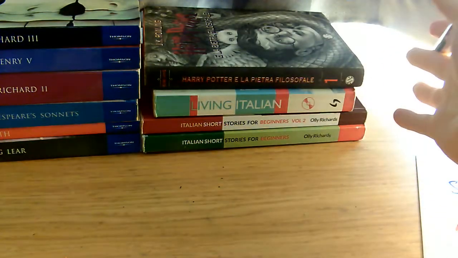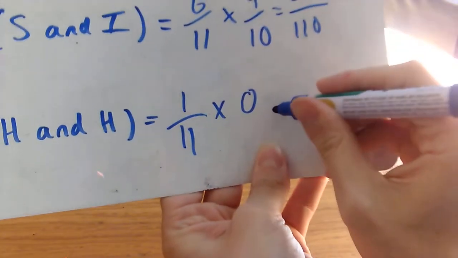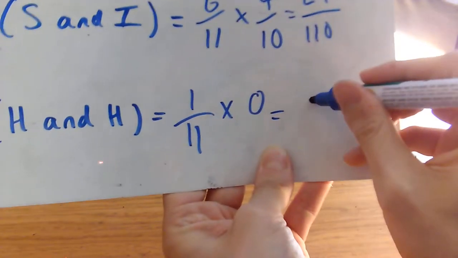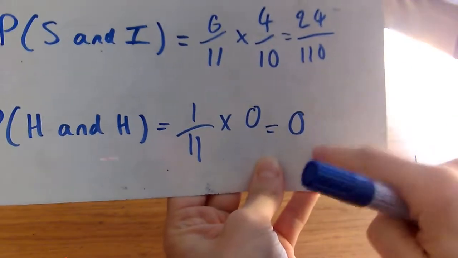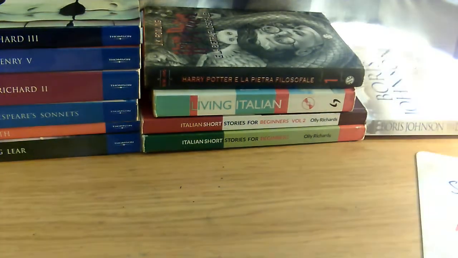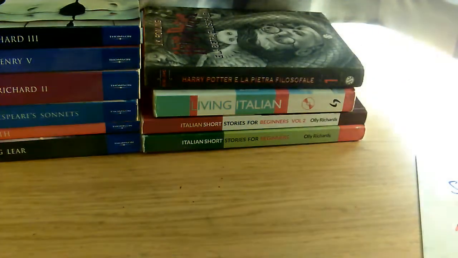You could write 0 out of 10, but that doesn't really make any sense. We're just going to put 0 here. And that means that, well, anything times 0 is 0. So the probability of me choosing a history book and a history book is 0, i.e. it's impossible. Which does make sense, because I can make that choice the first day, but the second day, I can't.